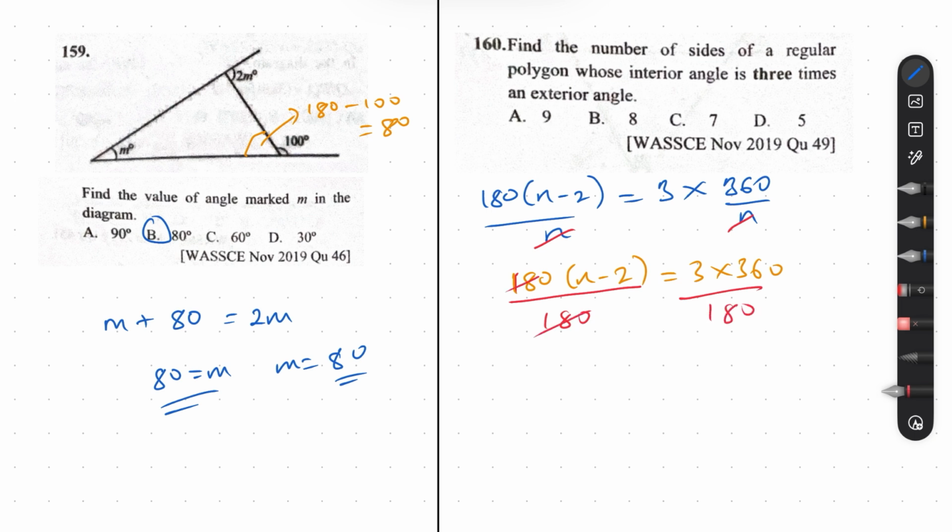Then 180 goes into 360 twice. That means n minus 2 is equal to 3 times 2, which is 6. So we find our n to be 6 plus 2, which is 8. The number of sides of the polygon we are dealing with here is 8.